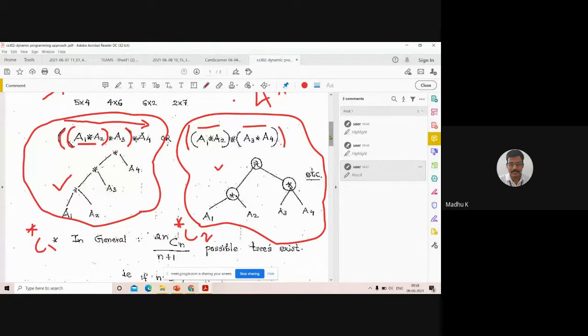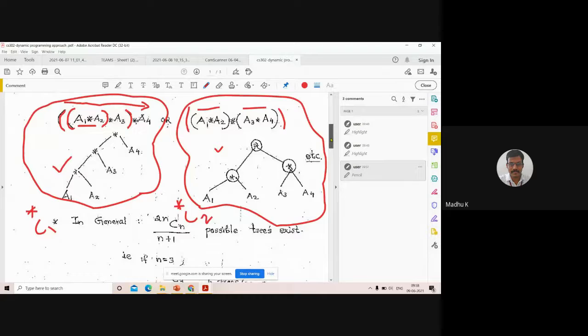Then our problem is to find out which one is better. Our optimal chain multiplication problem is: which of these multiplications is the most efficient.